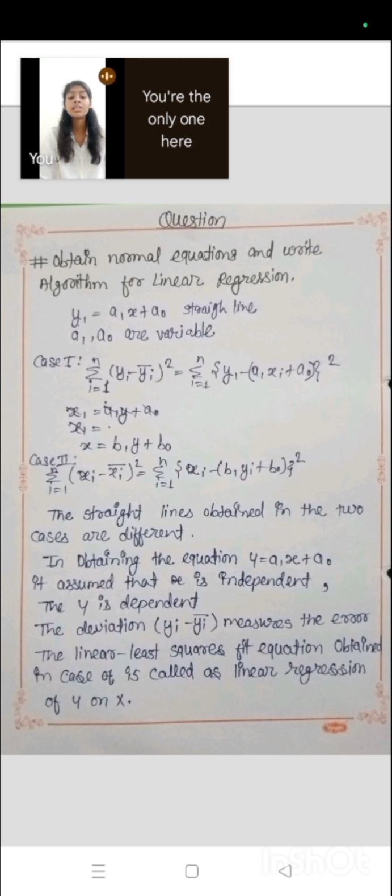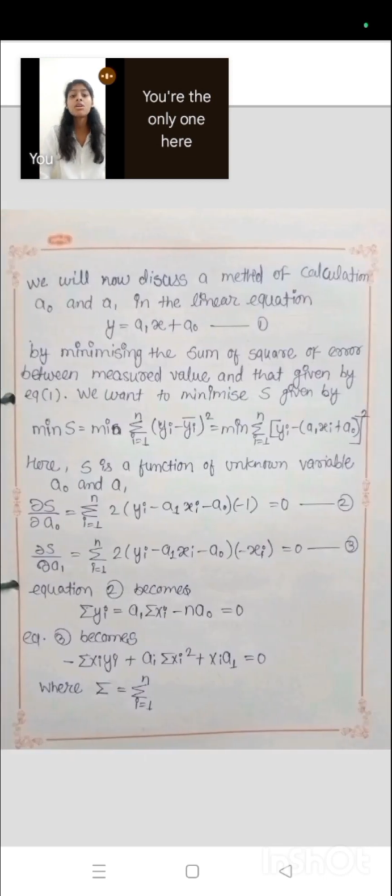The linear least square fit equation obtained in case 1 is called the linear regression of y on x. So given a problem, we have to decide which is the independent or dependent variable. Now we will discuss the method of calculating the variables a0 and a1 in the linear equation y = a1 x + a0.